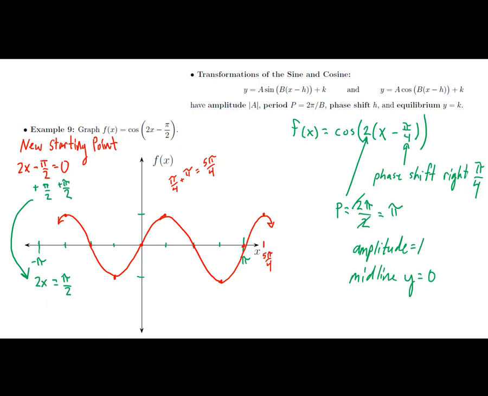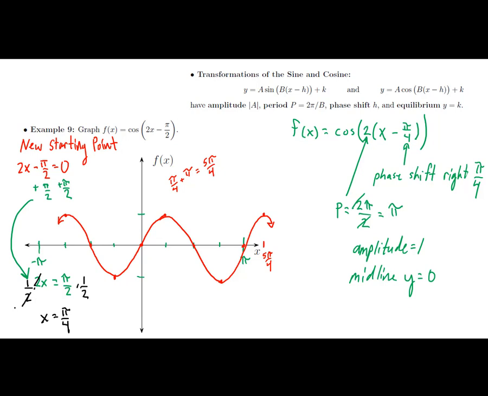Then, to get x by itself, I multiply both sides by a half. Those cancel, and I get x is equal to pi over 4.